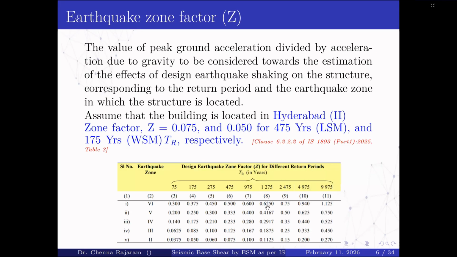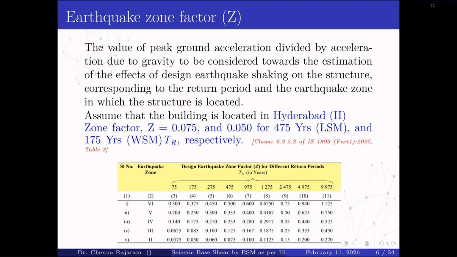Now, how to consider the earthquake zone factor? The theory part is discussed in the link that I showed in the previous slide, and we will discuss here how to consider the earthquake zone factor. It is the value of the peak ground acceleration divided by acceleration due to gravity to be considered towards the estimation of the effects of design earthquake shaking on the structure, corresponding to the return period and the earthquake zone in which the structure is located.